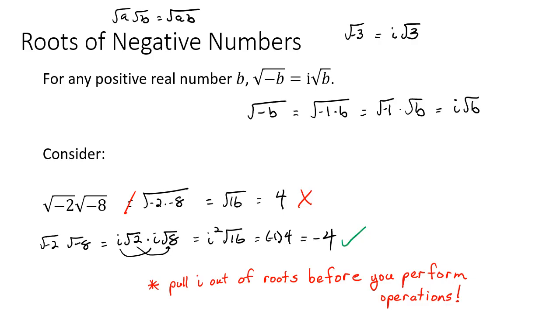You can think of it as another wrinkle to the order of operations, PEMDAS. The key thing here is that you always pull i out before you do anything else. So they kind of sit like parentheses in the order of operations.